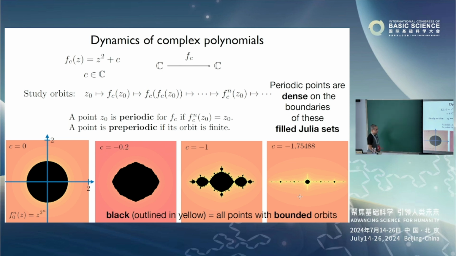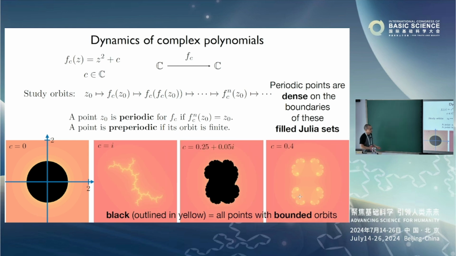Okay, so this is the airplane, right? And this is the thing. You will see lots of complicated things. This is a very, very beautiful picture. And also this one is a Cantor set.